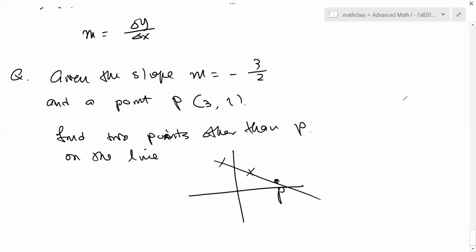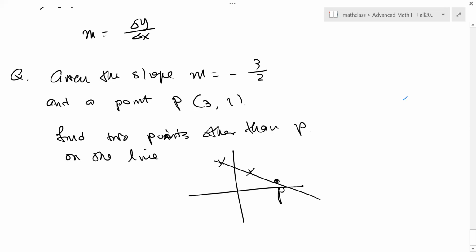Then I just want to find a couple of points on the line. What is the best way to do it?